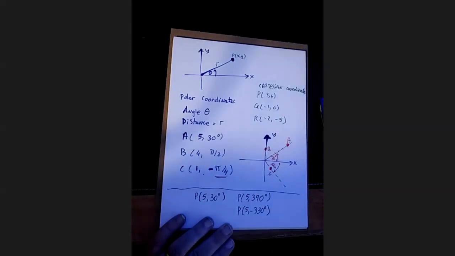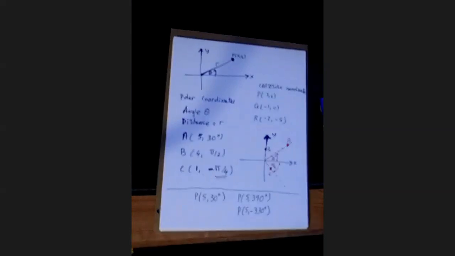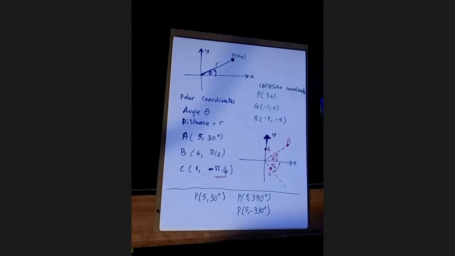Not a very natural way of doing it, but technically isn't 5, negative 330 degrees also that point? If you go clockwise 330 degrees, it's the same as going 30 degrees anti-clockwise.